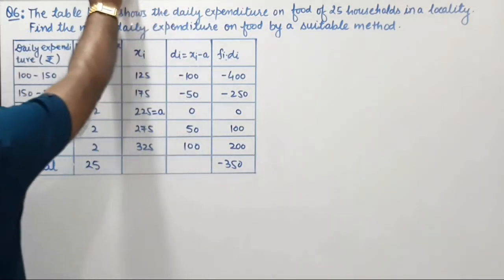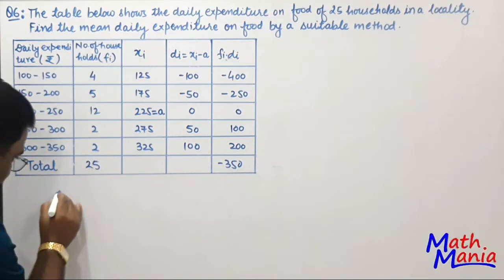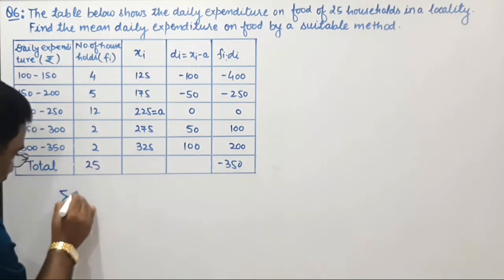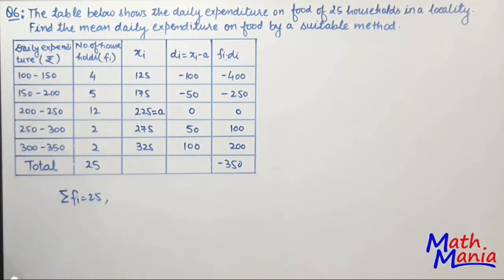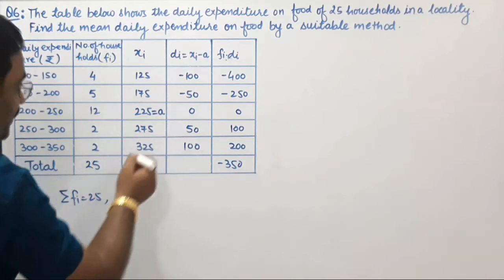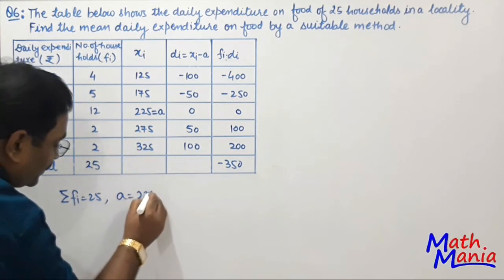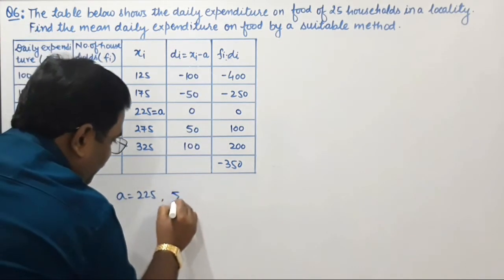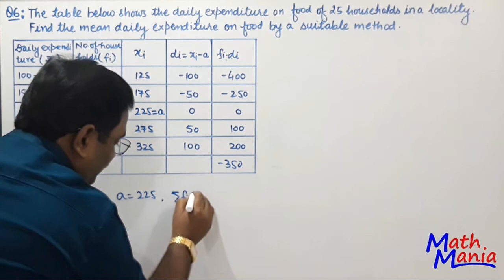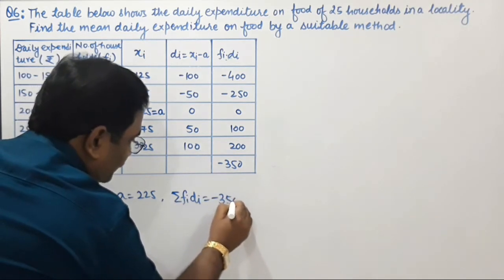Good. Now, we got sigma Fi equal to 25 households. Afterwards, A we have taken is 225. Sigma Fi di is equal to minus 350.